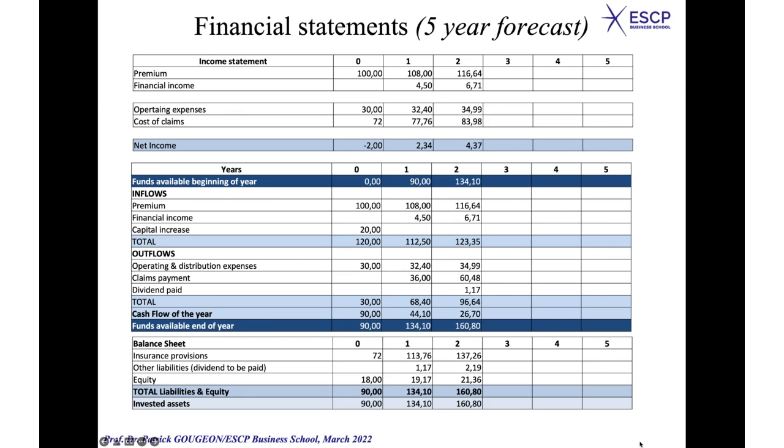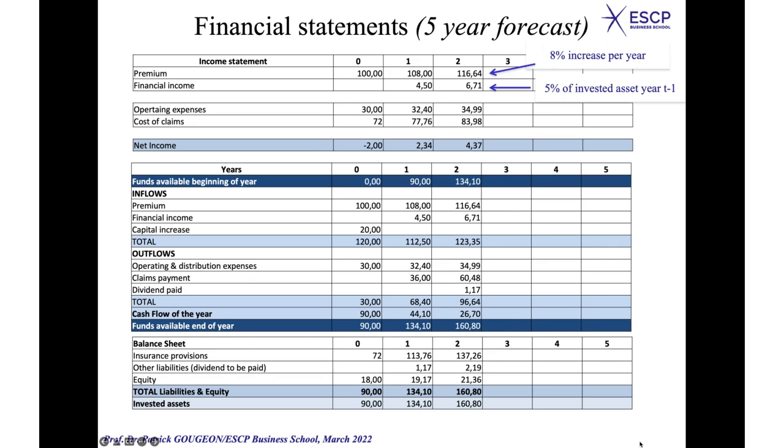You have 4.50. Where does it come from? 4.50, so 8% income here. And after 4.50, you have 6.71. You remember that assets are invested with a 5% return.